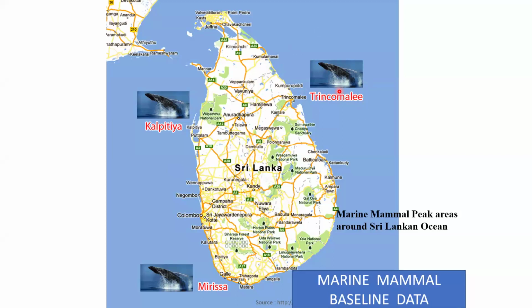Mirissa, Kalpitiya and Trincomalee, this whale watching is an attractive tourist recreation activity. Now it's a very different business. Within the ocean, within the territorial sea, in addition to capture fishing, they do this kind of activity as well.